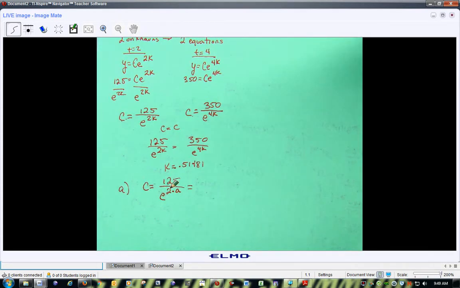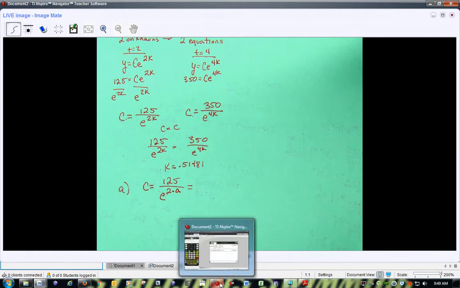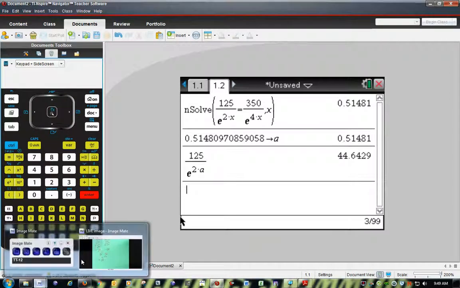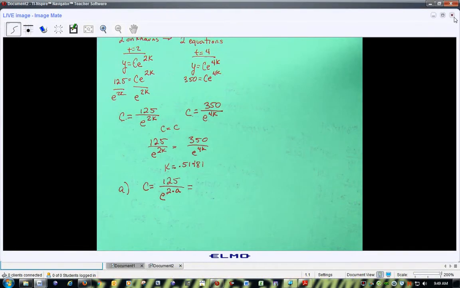So I'll jump back to the calculator, set up my fraction, 125 divided by e to the 2a power, and we got 44.6, but can we round it to probably 45? Yeah, we'll say it's about 45 bacteria.